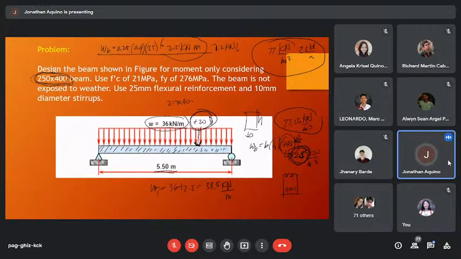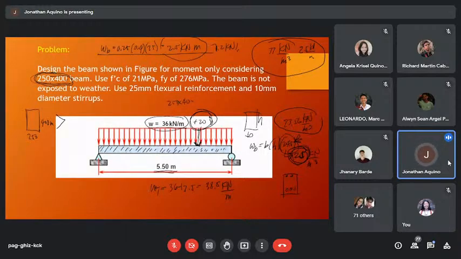So in a doubly reinforced rectangular beam, first we need to determine what will be the moment capacity of the 250 by 400 millimeter beam. Okay? So if the capacity, considering singly reinforced, is greater than the actual moment.